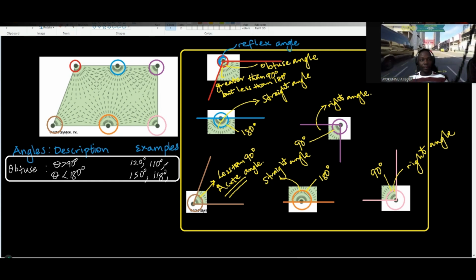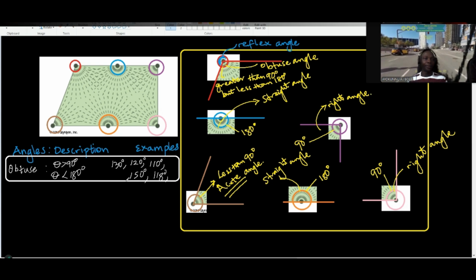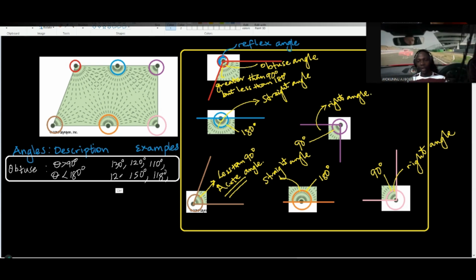What are you saying? I said, give me a number that is bigger than 90 and less than 180. I can give you another one, 130 degrees. I can give you 128. It's bigger than 90 and it's less than 180. So mention another one, Miggy.